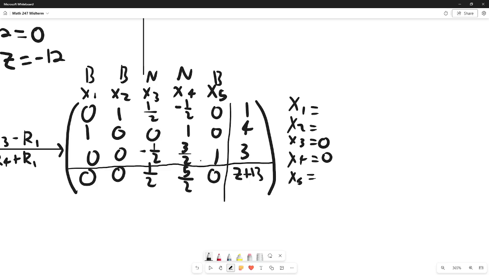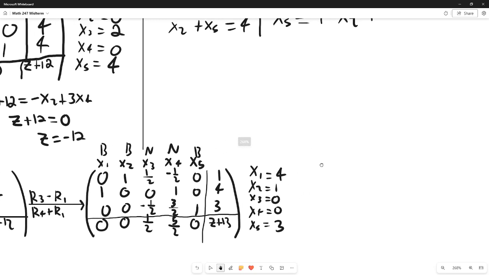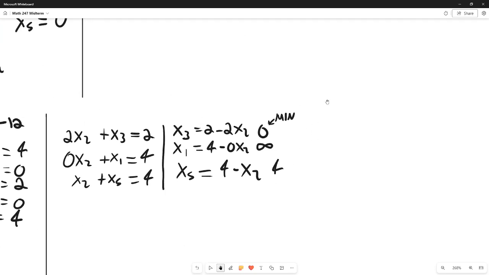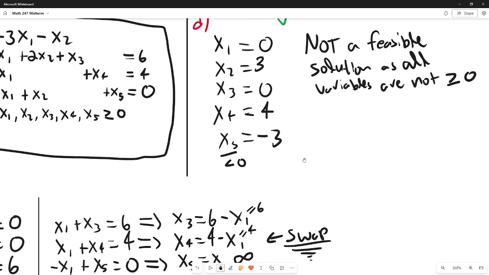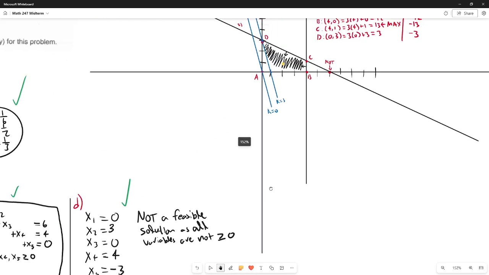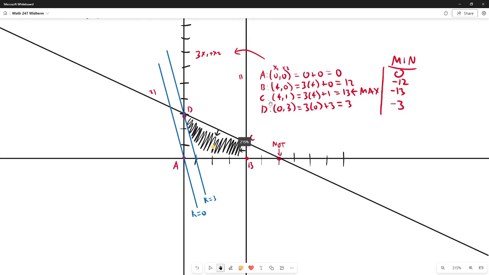And we see that x2 is equal to 1, x1 is equal to 4, and x5 is equal to 3. Okay. And is x1 equal to 4 and x2 equal to 1 one of the points? Let's see, 4, 1, we see that is the point C.